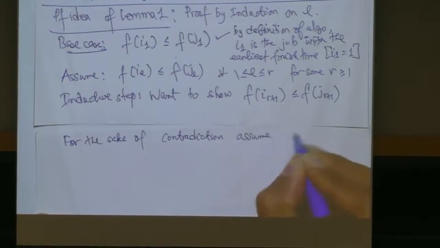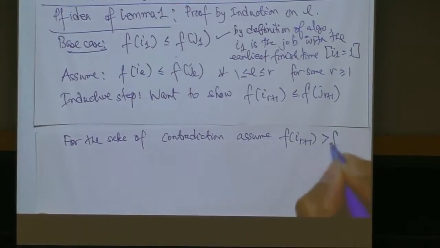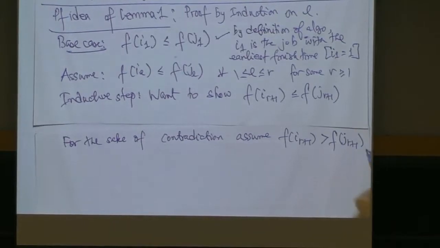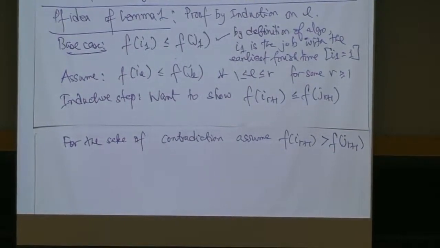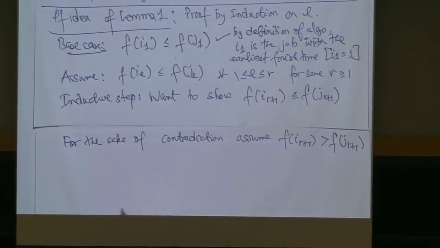So assume the finish time of the R plus 1th guy in greedy is strictly more than the finish time of the R plus 1th guy in the optimal. And what we're going to do is again draw a picture to figure out what the various situations are and then come up with a contradiction. All right.